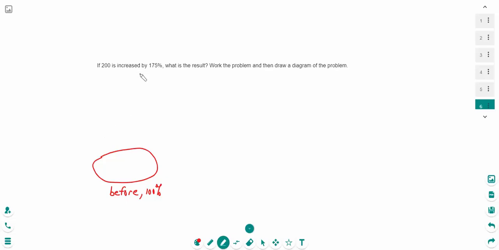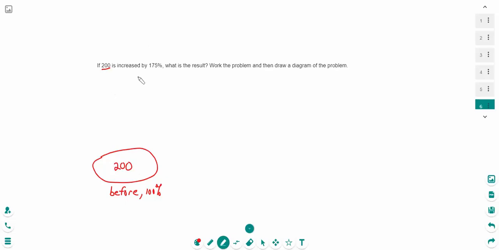So then you have to use your head. What is the beginning? What is the 100%, the number that we're starting with? And if you think about it, it's 200, right? We're taking 200, we're increasing it by 175% to get some result. So the 100% is going to be the 200.